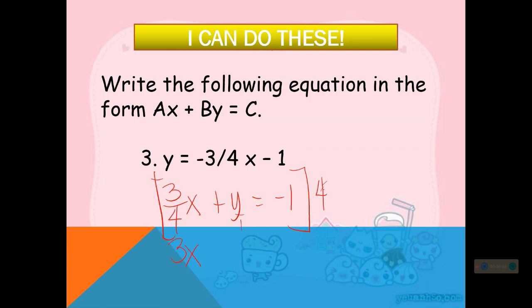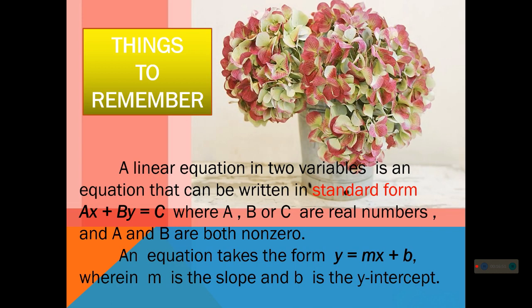Then, 4 divided by 1 is 4 times y, positive 4y, equals 4 times negative 1 is negative 4. So, our standard form is 3x plus 4y equals negative 4. Any question?